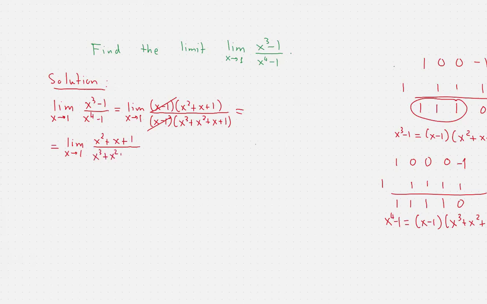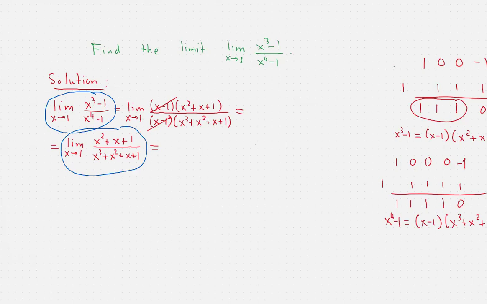And now there's a significant difference with the initial limit, and I would like to circle the two so that this difference can be amply observed. So take a look at these two limits. If you try to plug in x equals 1 on the first limit, you would get 0 over 0.